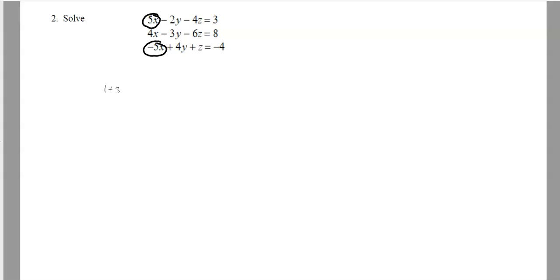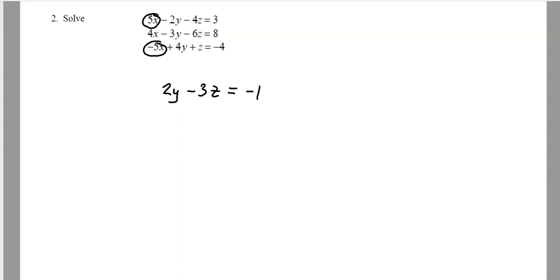So I'm going to add 1 plus 3 together, and I get positive 2y, negative 3z, and that's a negative 1. So that's what happens when I added row 1 plus row 3.